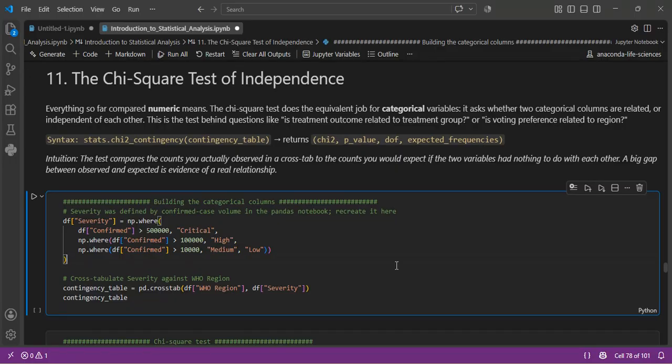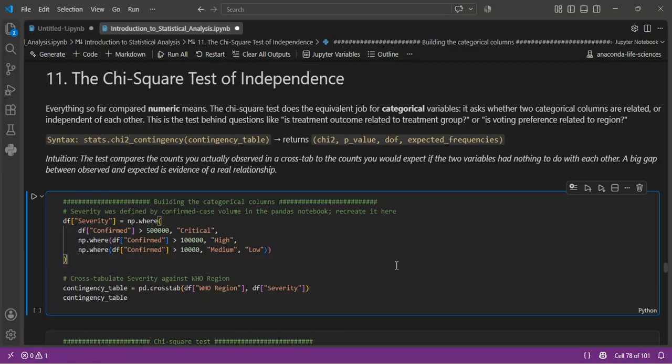It tries to answer questions like, is treatment outcome related to treatment group? Or maybe voting preference related to region. Or in molecular biology, it can be gene expression: is gene expression related to a particular state of the organism?